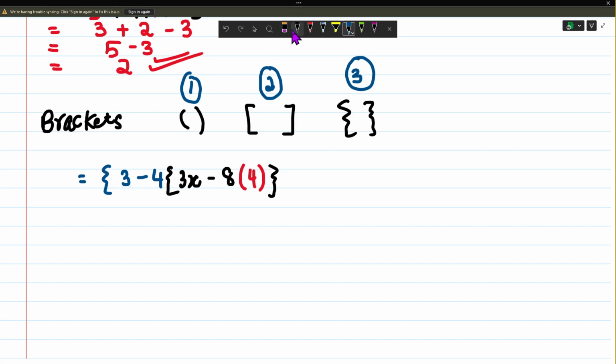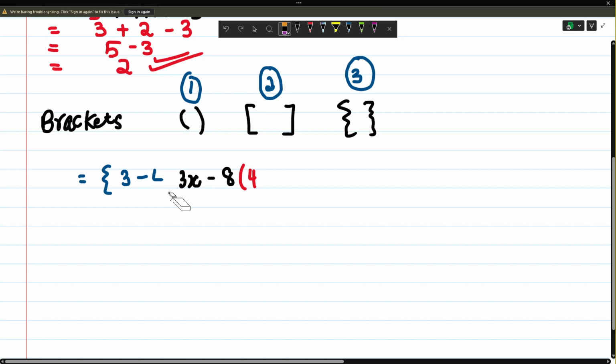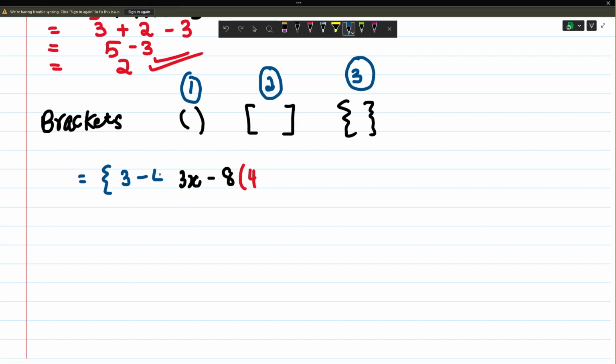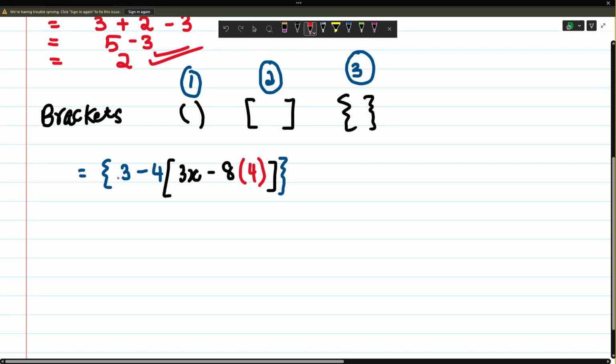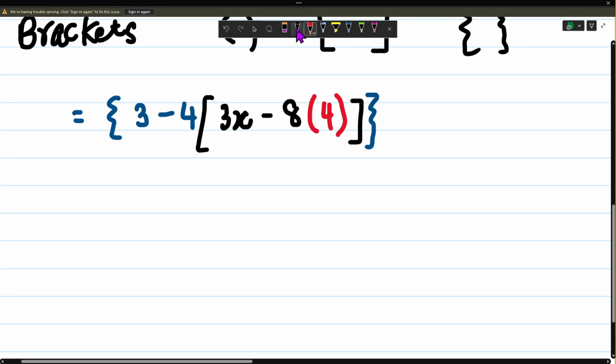Sorry, इसमें the black ones are the square bracket, and red one is complete over here. ठीक है, so these are the brackets questions over here.